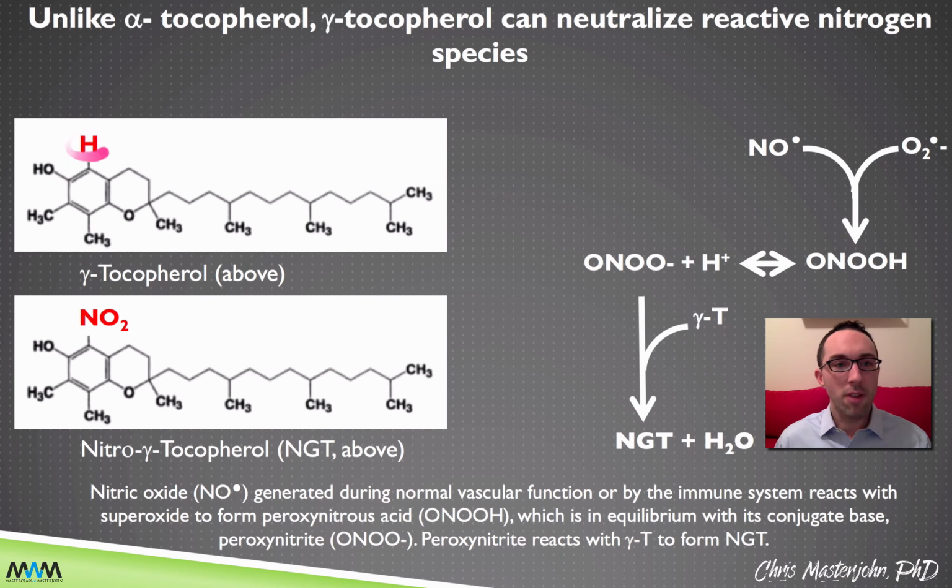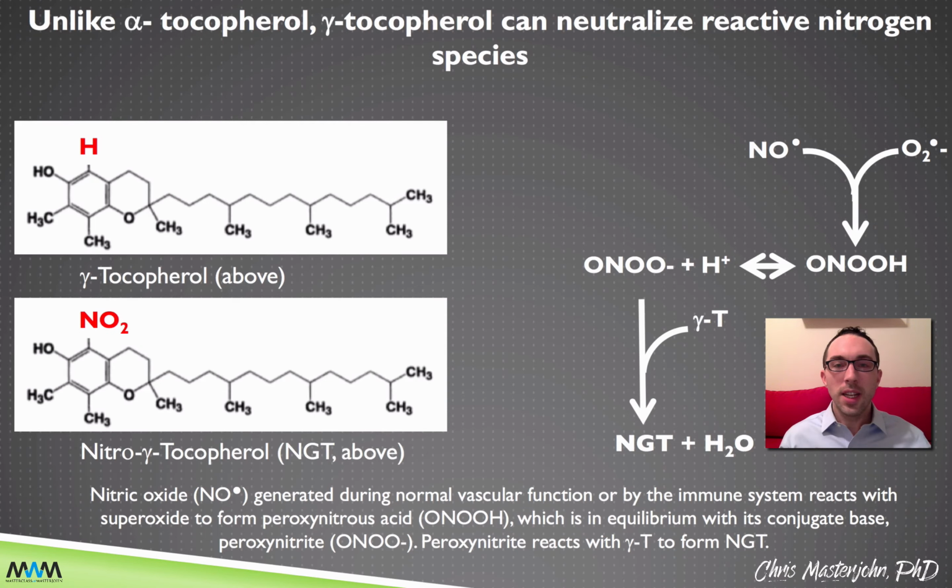Because gamma-tocopherol does not have a methyl group here, it can accept nitrogen where alpha-tocopherol can't. And gamma-tocopherol can scavenge peroxynitrite to form a stable product known as nitro-gamma-tocopherol, or NGT. So it may be the case that gamma-tocopherol plays a unique role in scavenging reactive nitrogen species.